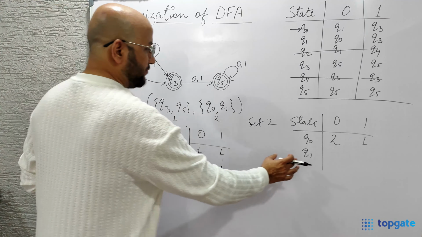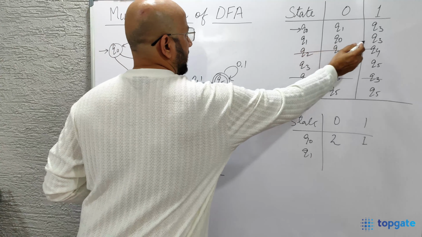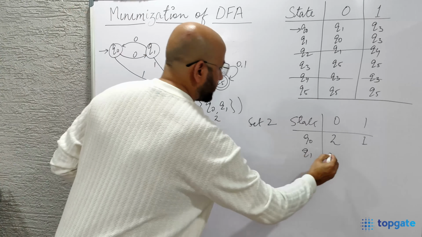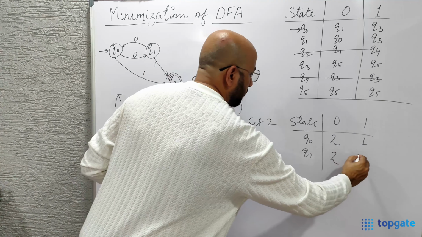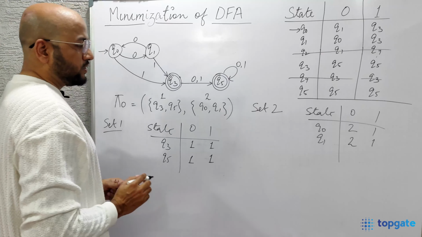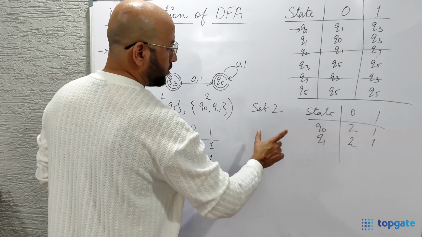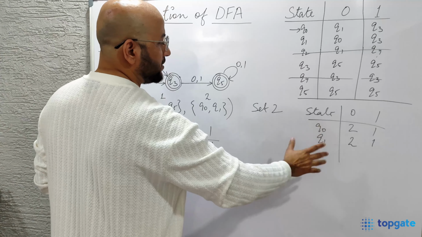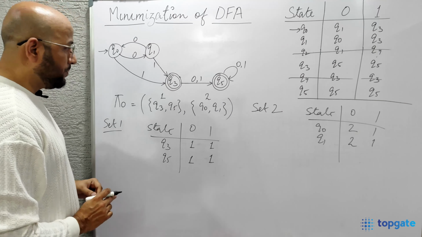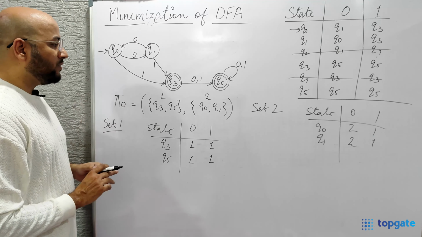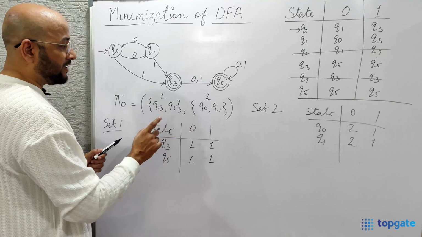Similarly for Q1, I have Q0 and Q3. Q0 belongs to set number 2 and Q3 belongs to set number 1. Clear? So you can see here that set number 2 also has similar kind of elements. Therefore set 2 will also not be split. So this pi 0 will become my final DFA states.